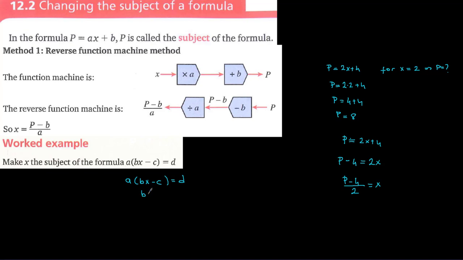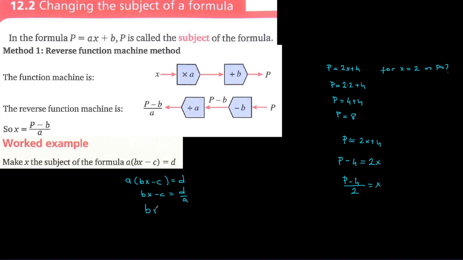So it should be bx minus c is equal to d over a. That's the important part, because with respect to the order of operations, a is the last one. First you do this operation, then you multiply by a. So first we are solving the a problem because we are doing the inverse operation.